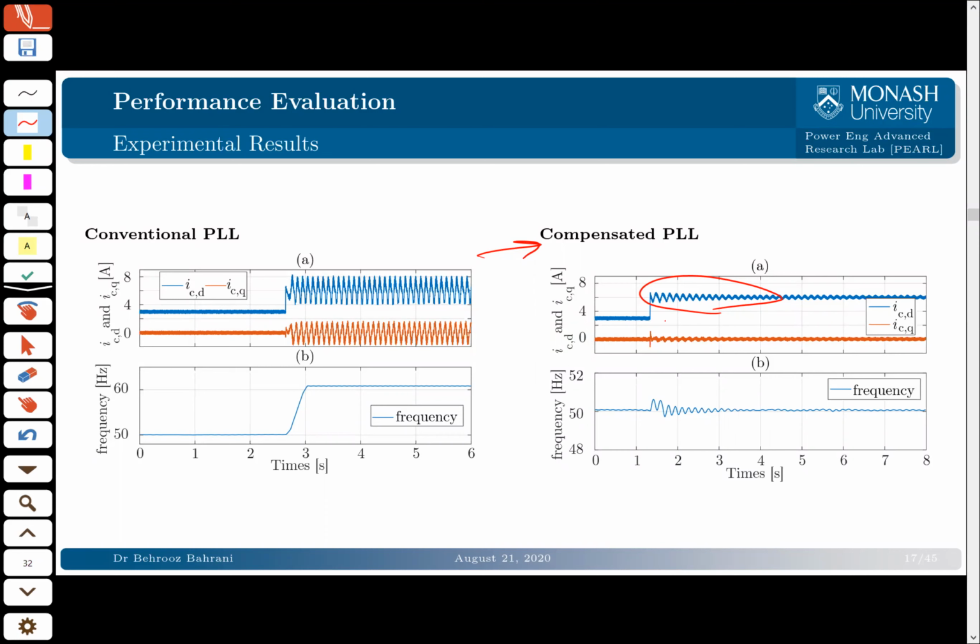Again, I want to emphasize that this is for a particular type of grid synchronization, and it may not be applicable to other grid synchronization techniques. I know that different manufacturers have different types of synchronization techniques. We are currently working on an alternative synchronization technique, which I'm not going to present here.